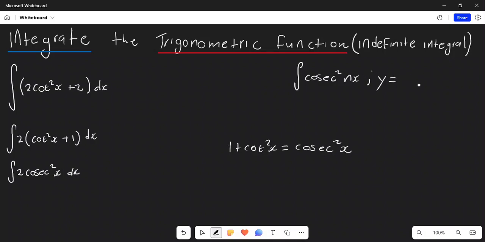Remember, n is a coefficient of x. So this is going to give us negative cot nx over n plus c. Do not forget that, guys.